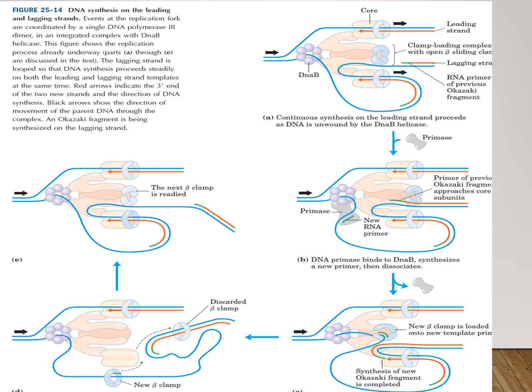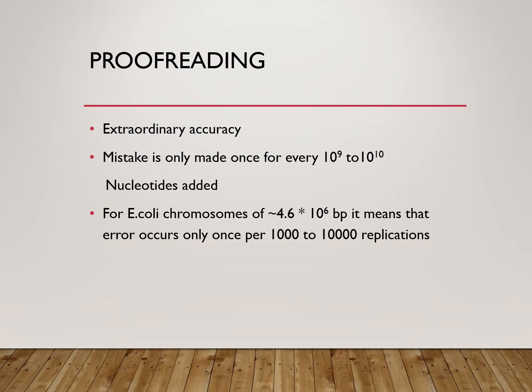So let us go towards the last part of the presentation, that is proofreading. Now all of you know that synthesizing a new DNA is a very significant activity for the cell, because DNA carries the genetic code for almost all the proteins of the cell.